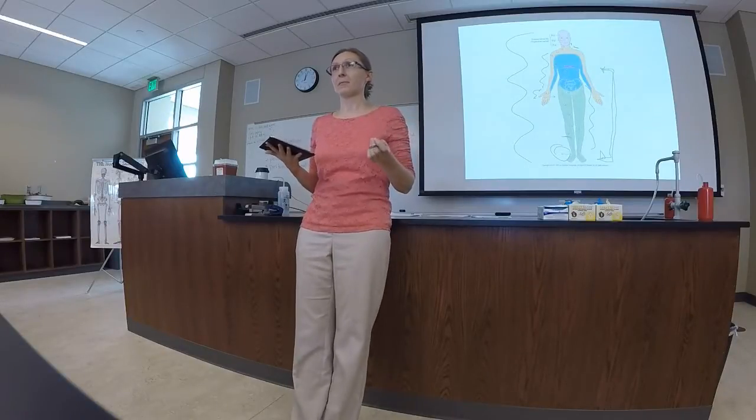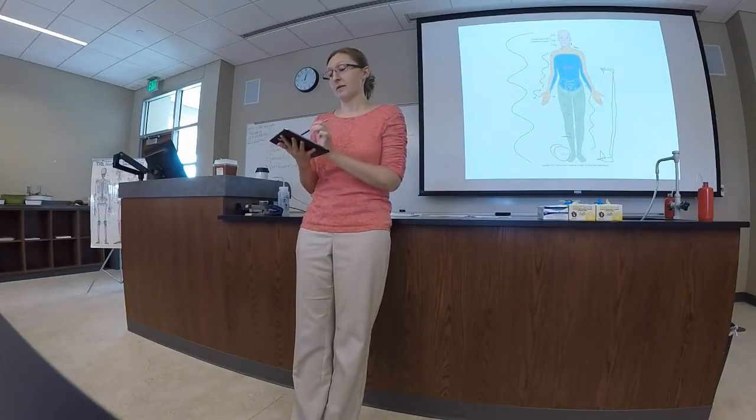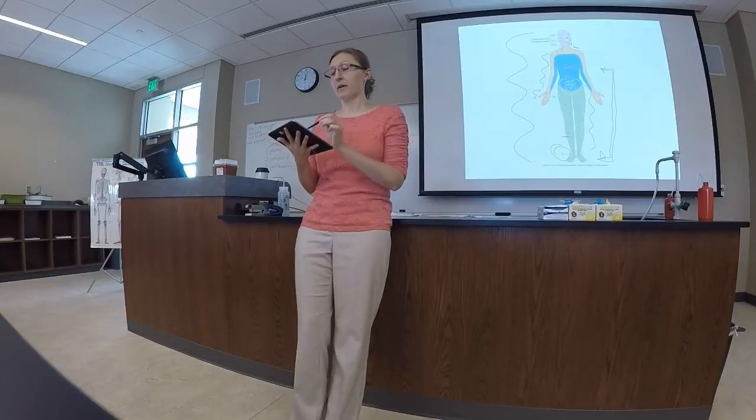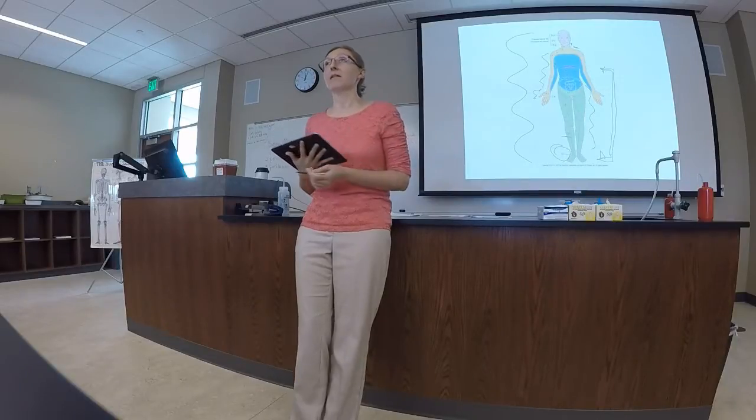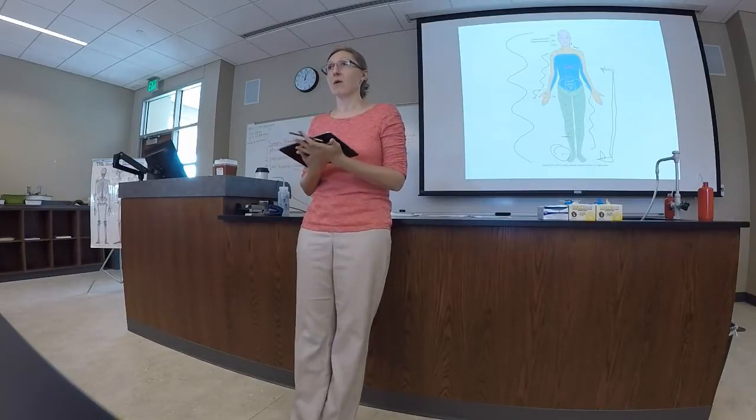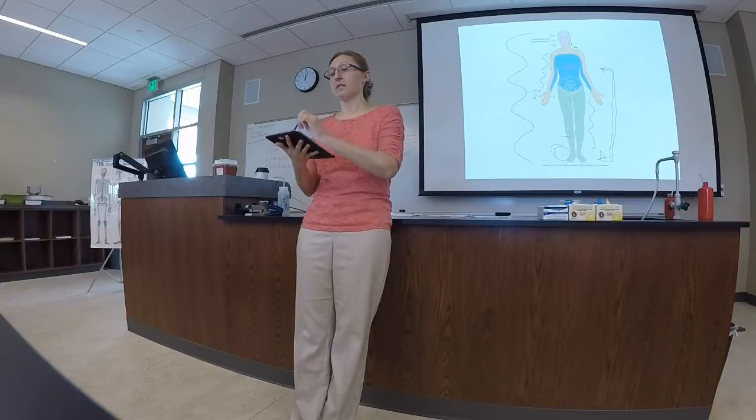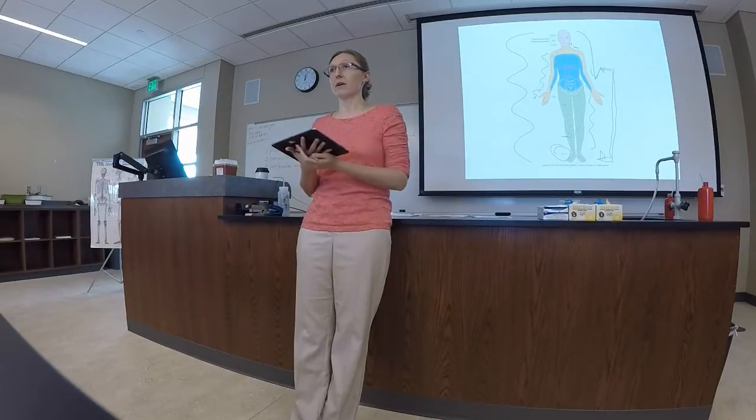So that would be that whole T section. If you have it at the T8, T9 level, anything below that level would have a problem, because the signals from the spinal cord are going down from the brain, right? So you would have loss of function below that level.